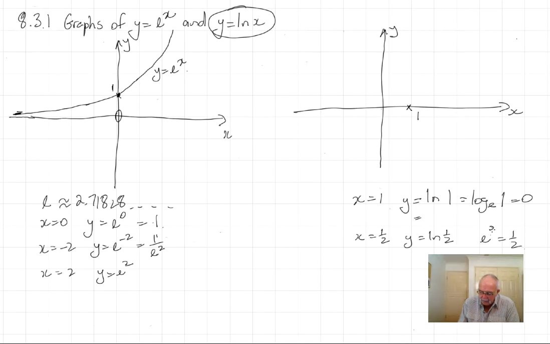So my y values are going to be coming down here. And as we get closer and closer to x being equal to 0, my y value gets less and less. Then as we go through here, as we increase our value x greater than 1, our graph is going to go like that.